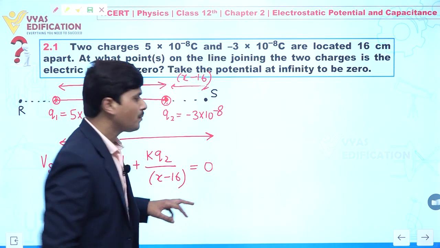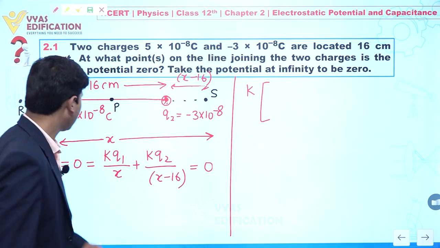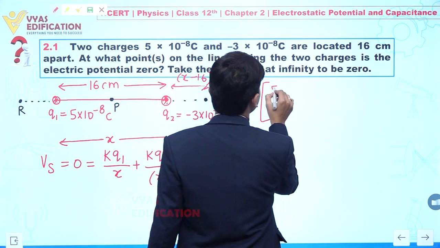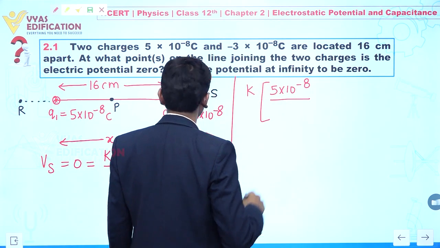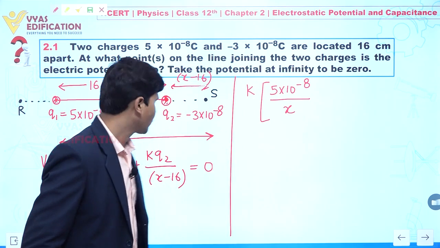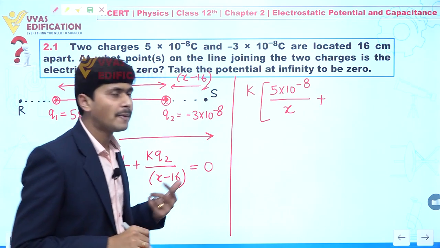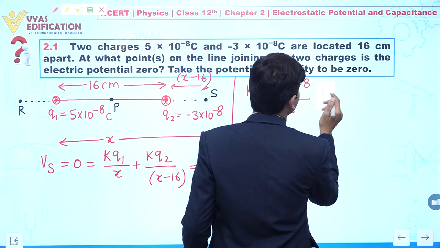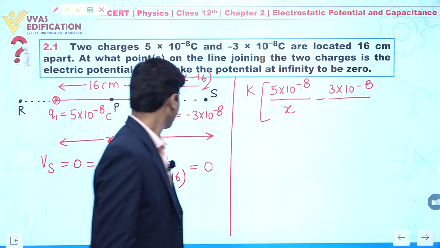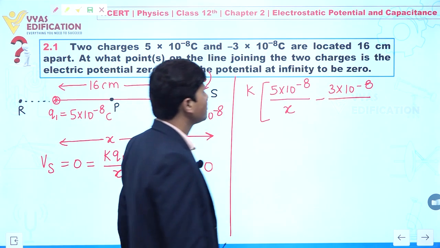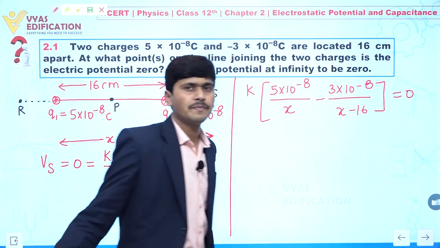Yes. If we put this value 0 and take k common, the value of Q1 is 5 into 10 to the power minus 8 divided by x, plus Q2 value, minus 3 into 10 to the power minus 8 divided by x minus 16, and this should be equal to 0, clear.